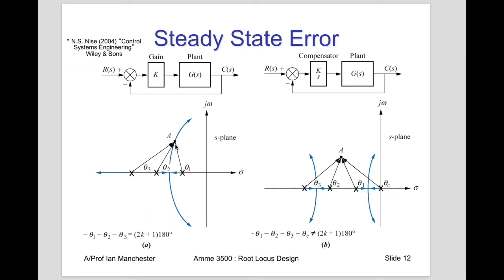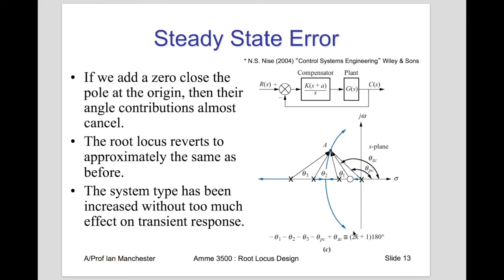So in this case, that angle criterion was true at this point A, but with the additional theta c, now it's not true. So theta c destroys that relationship. But since we're adding zero angles and subtracting pole angles, if we were to add a zero very close to the origin, then its angle theta would be similar to theta c, and by adding its angle here, things would almost cancel out.